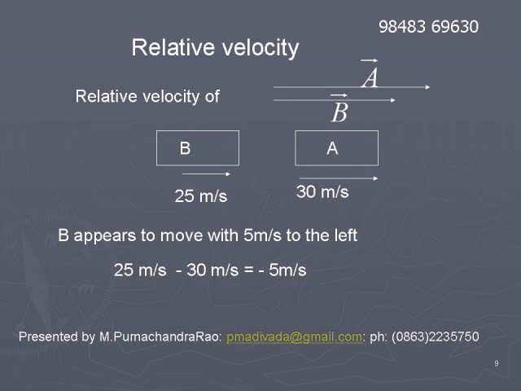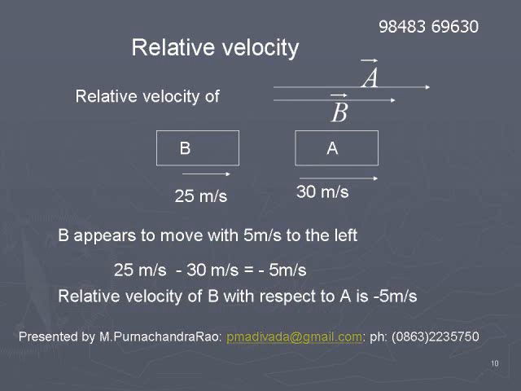Mathematically, it is written as the relative velocity of B with respect to A is equal to velocity of B minus velocity of A, that is 25 meters per second minus 30 meters per second, which is equal to minus 5 meters per second. Plus 5 indicates to the right, minus 5 indicates to the left. So like this, we have to understand when the vehicles are traveling along the same direction.